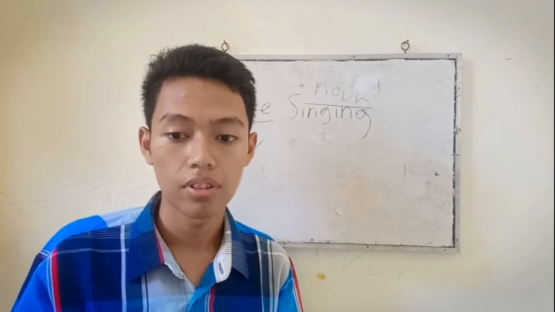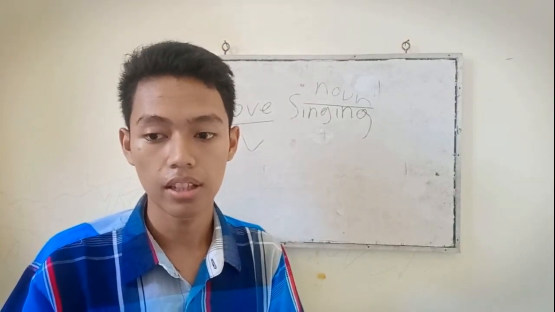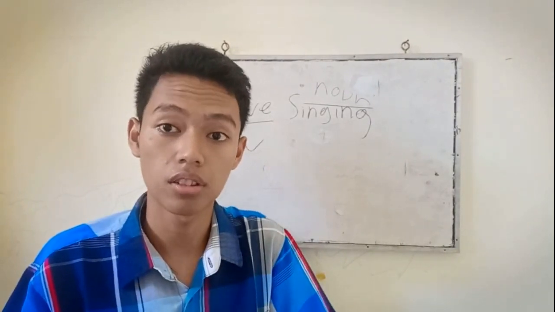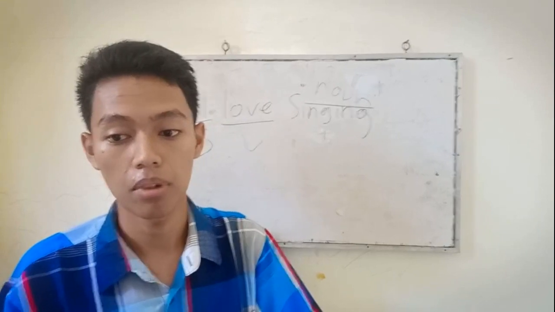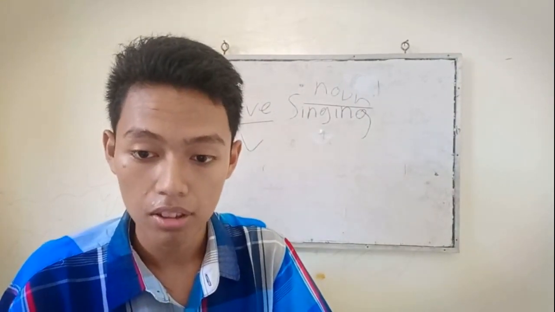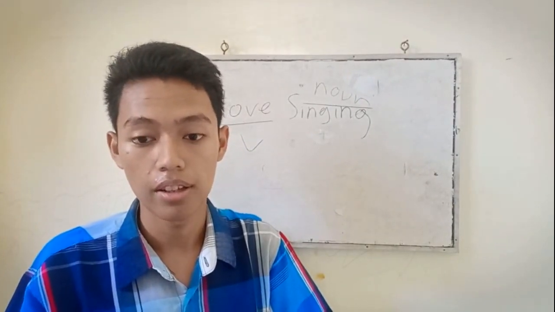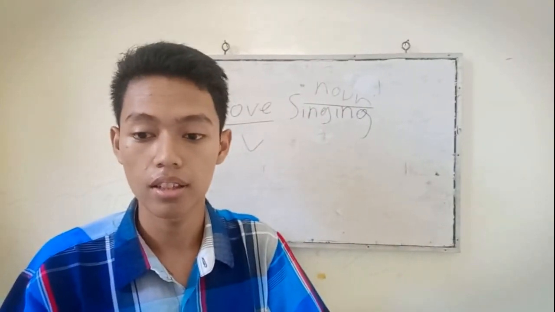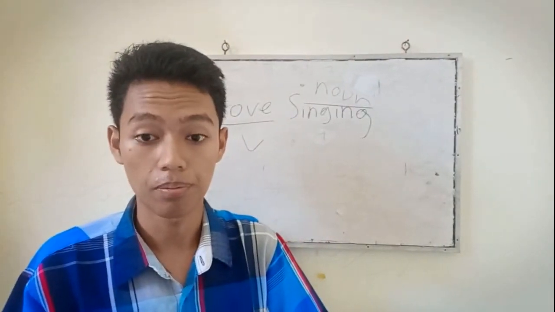Remember, even though it is in the form of -ing, the word singing functions as a gerund, meaning that it is considered a noun, which makes it capable of being an object. What about other forms of object? Can they also be verb complements? The answer, of course. Once again, remember, friends, verb complement is an object of the verb.